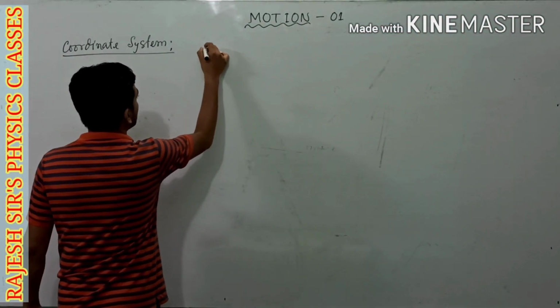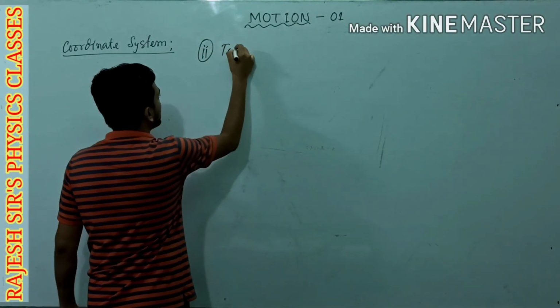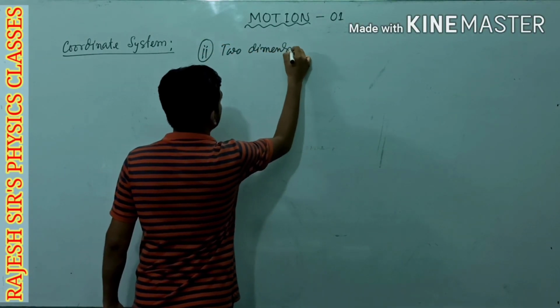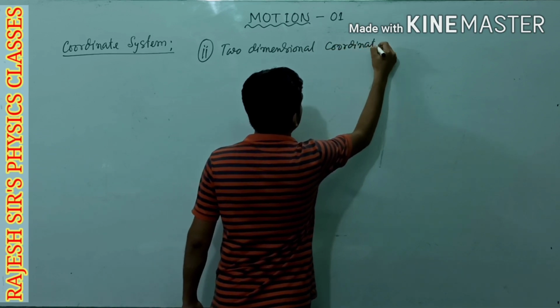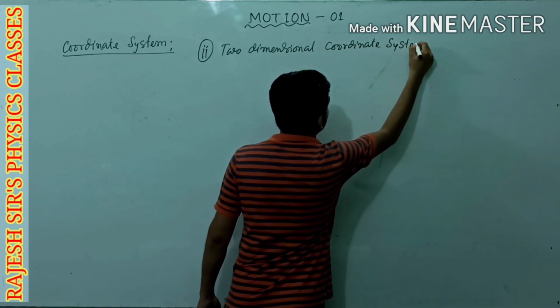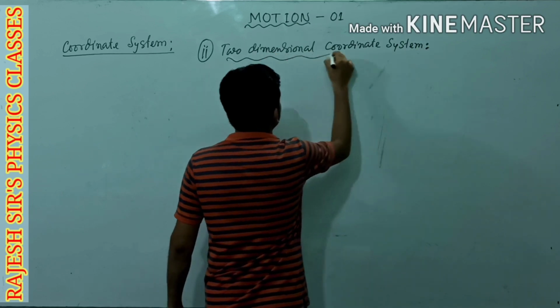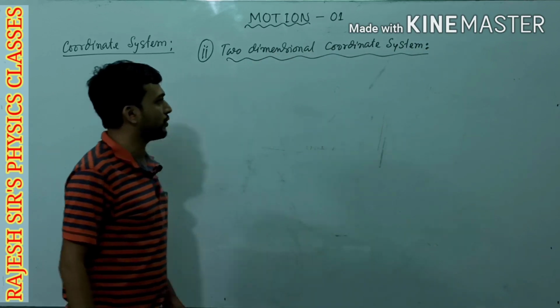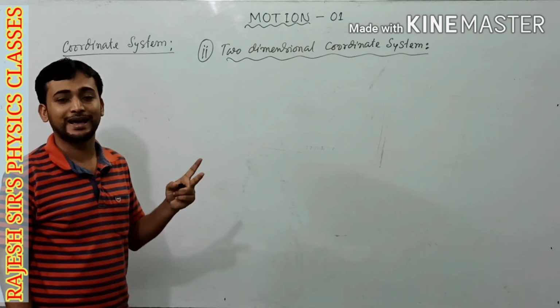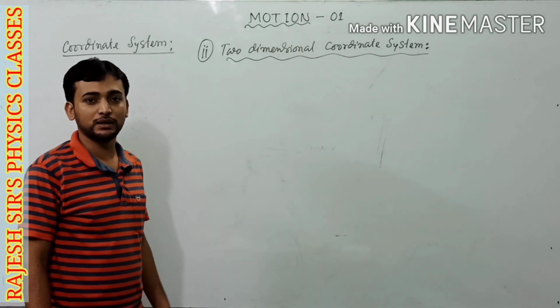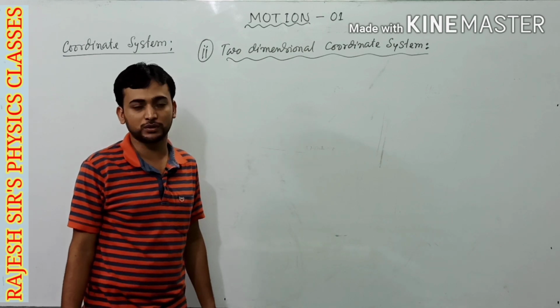Now we are going to consider two-dimensional coordinate system. This two-dimensional coordinate system is a collection of origin and two reference axes that are considered mutually perpendicular to each other.